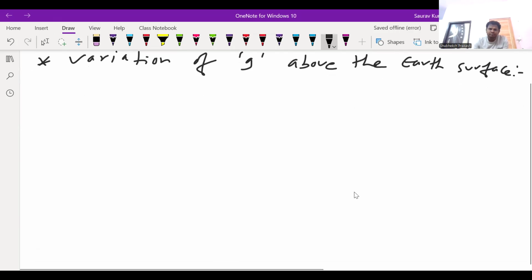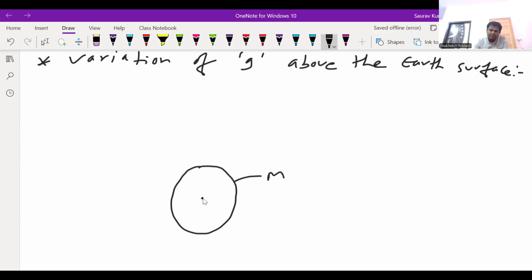Now, let us consider a body having a mass capital M, and from the center its radius is capital R, and an object is placed at a distance h above the surface. Now we have to calculate g here.